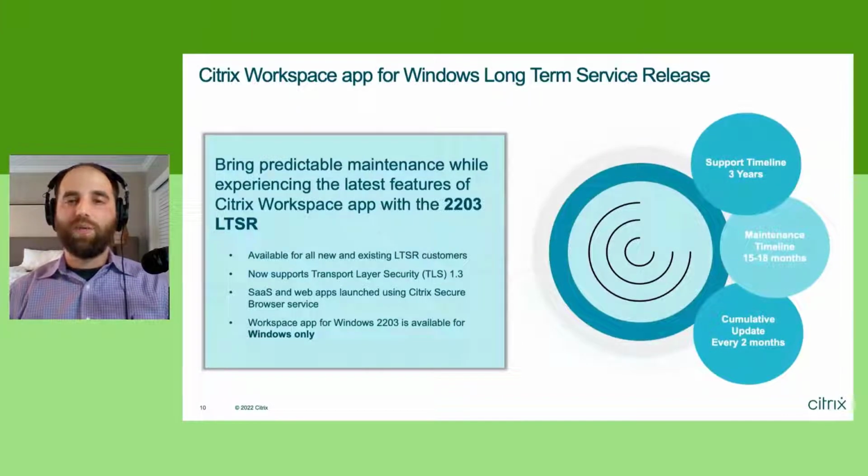And naturally, the Workspace app LTSR version, as I'm sure many of you know, is available for Windows only, but we always recommend customers with endpoints on other platforms like Linux and Mac and mobile platforms that you ensure that those are updated as well.